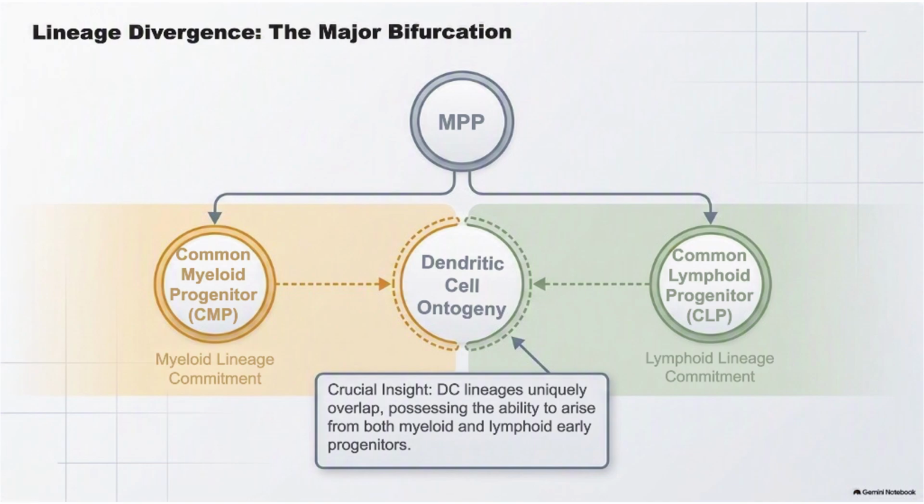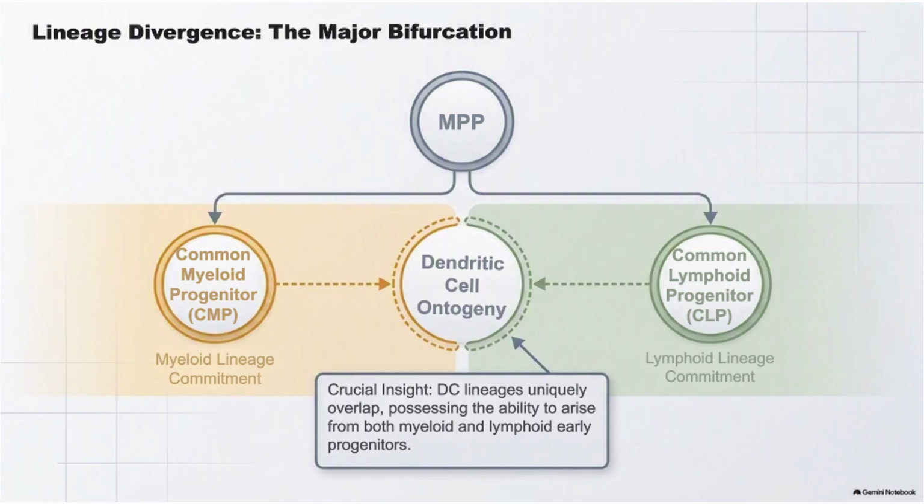The common myeloid progenitor gives rise to the granulocytes we'll meet shortly, neutrophils, eosinophils, and basophils, as well as monocytes and other blood cell lineages. The common lymphoid progenitor leads us towards B lymphocytes, T lymphocytes, and natural killer cells.